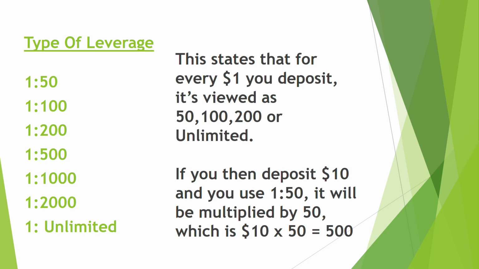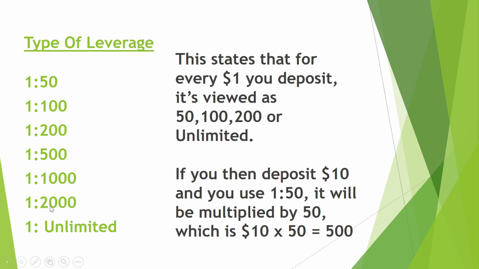But at the back end, when you want to place a trade, you'll be able to buy units worth $50 with your $1. That is if you select 1:50. This states that for every single dollar you deposit, it's viewed as 50, 100, 200, or unlimited, depending on the leverage you select.